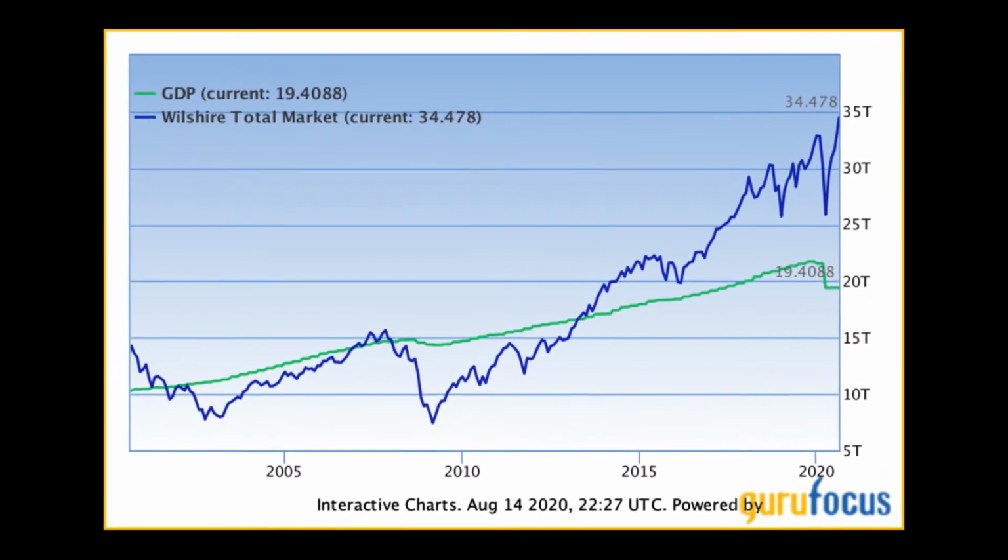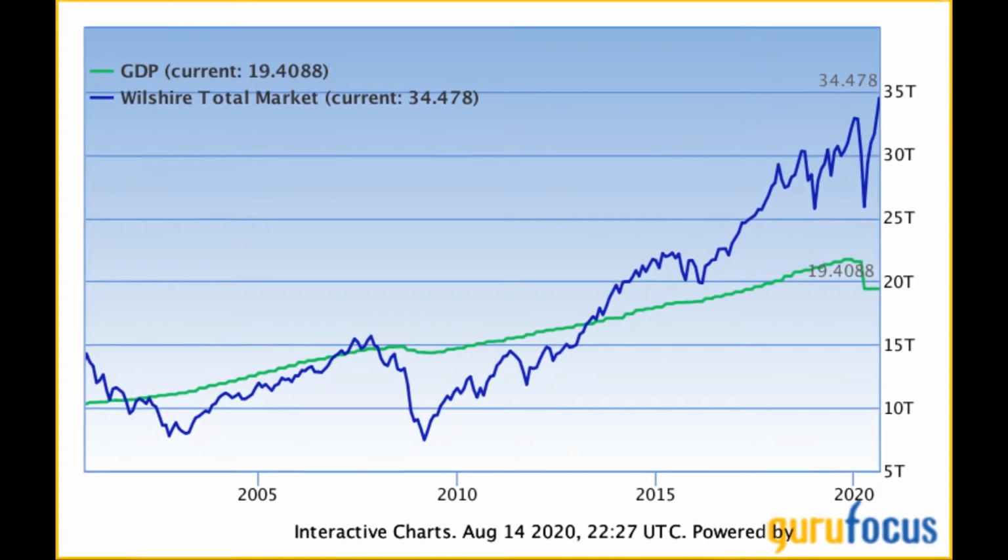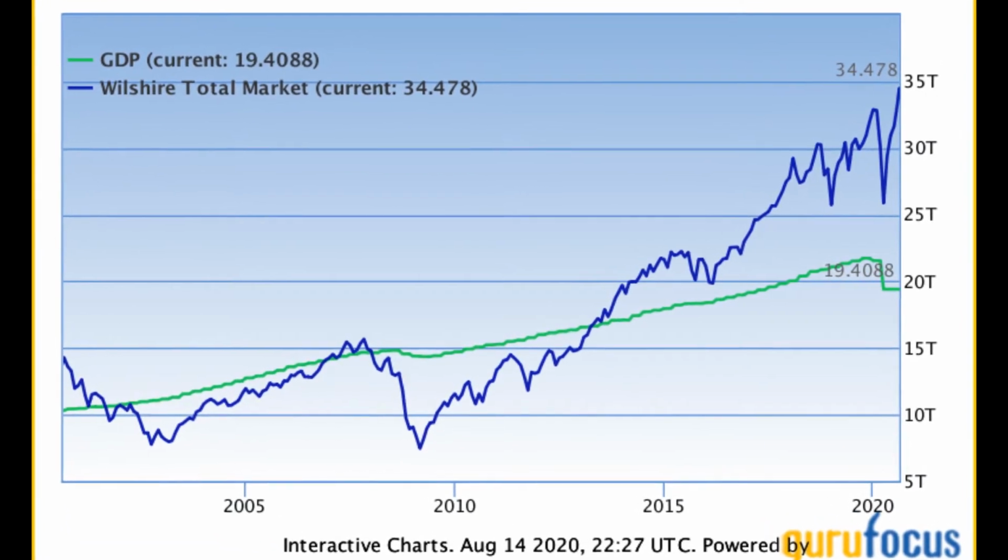The first line is the total GDP or gross domestic product of the economy, which is the total output of goods and services for the U.S. economy, which is currently valued at $19.4 trillion. That is the green line on this chart. Okay? The other line, which is the blue line, is the total market capitalization as measured by the Wilshire Total Market Value Index. Okay, these two are the two measurements which are used to calculate the indicator.